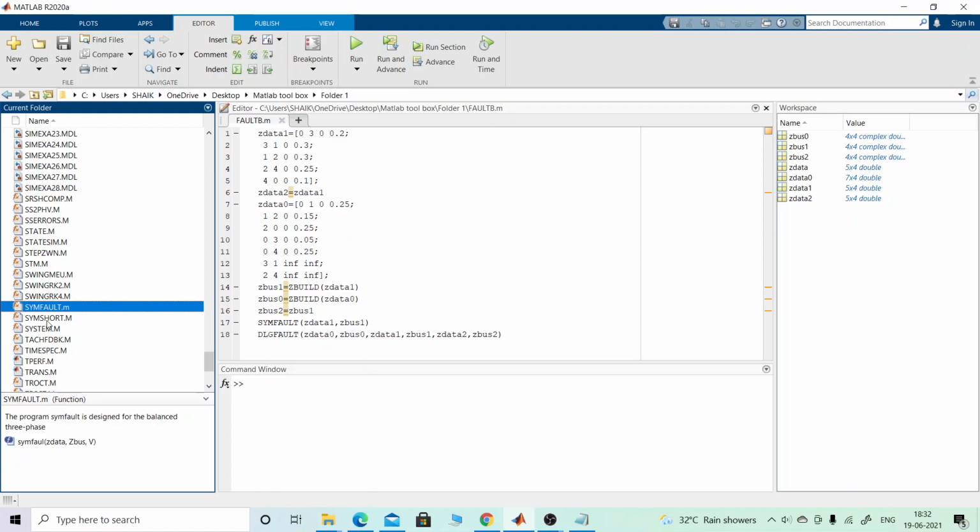So here and this one are in the same format, that is in capital letters, and this one, DLG fault, DLG fault, both are in capital letters. If you want, you can change both to small letters also. It is not an issue, but both of them have to be the same. Now I am going to run the program.